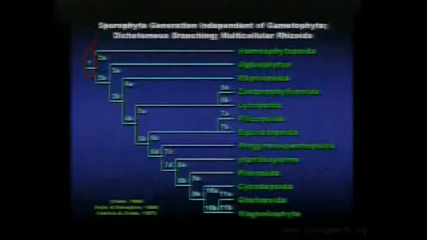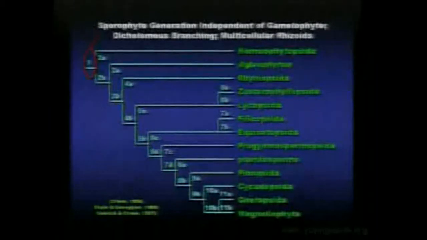If you look at the list of characters that are used to define each of these things and separate out from those characters those that have to do with things that help a plant become more and more independent of water, something that helps it move water, helps it to stand straight above the substrate or so on, this would be what they would look like.